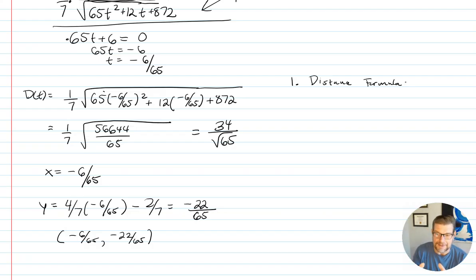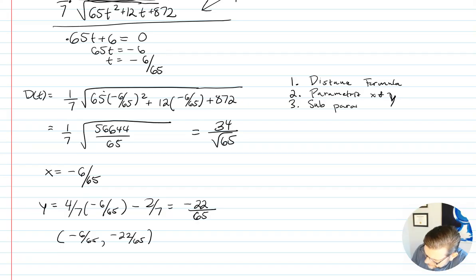Anytime I need to minimize anything, I've got to start out with what am I minimizing, and create an equation for that. 2, I parameterize x and y. 3, I sub the parameterization into the distance formula. 4, set the derivative equal to 0.